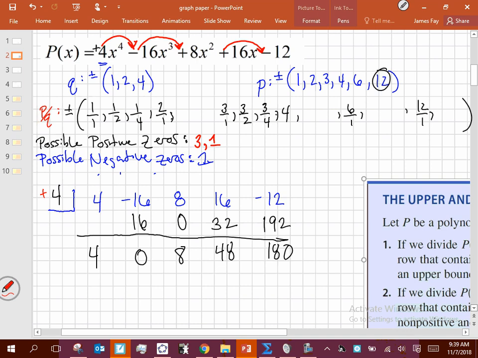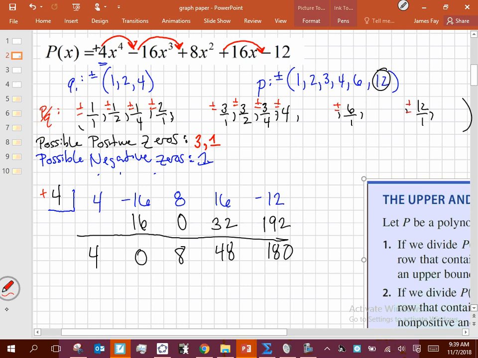Now, the way I've written my P over Q's here maybe isn't the best way, because if I start to erase things, I don't want to just erase the 6. If I erase that, there's a negative 6 that should be in there, right? So maybe when I did that plus or minus thing at the beginning, it's kind of foolish. Those are notation things you have to pick up on and figure out whether they're useful or not.